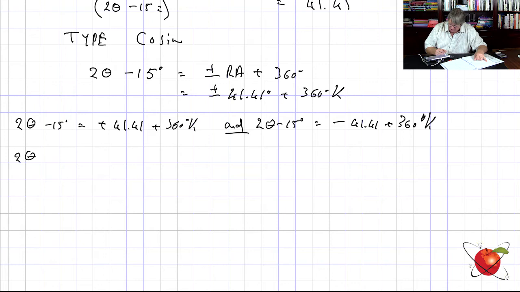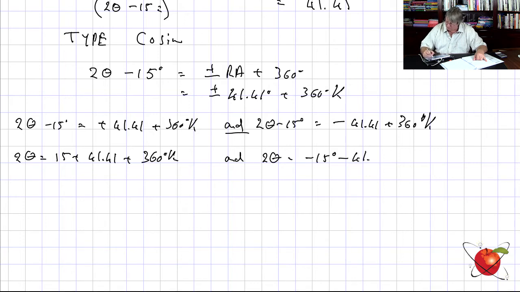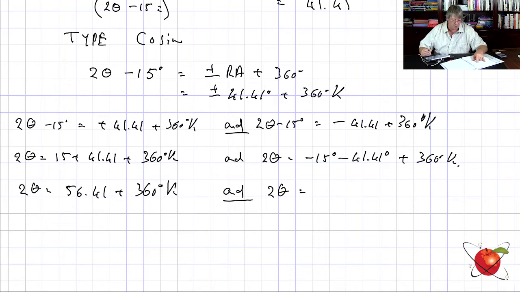You can see now, I must now add 15. So 2θ is equal to 15 + 41.41 + 360°K, and 2θ is equal to −15° − 41.41° + 360°K. Therefore, 2θ is equal to 56.41 + 360°K, and 2θ is equal to minus 26.41, plus 15, you silly sausage.